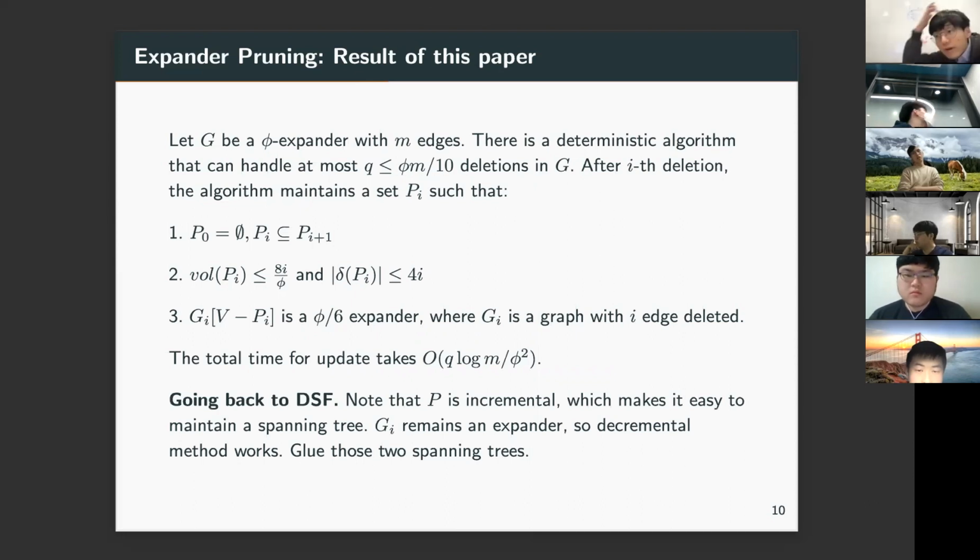So when you go back to decremental spanning forest, P is incremental, so you can maintain a spanning tree easily there, and the graph remains an expander. So the decremental method works: you maintain the part where you delete an edge with a decremental algorithm, you increase the prune set, and for that part you maintain a spanning tree incrementally.